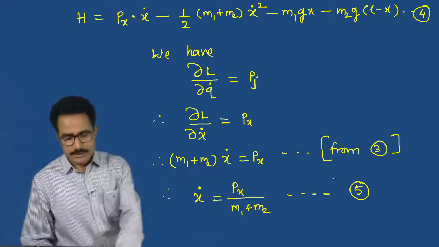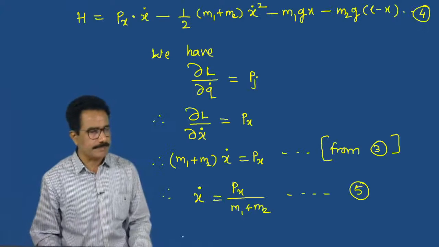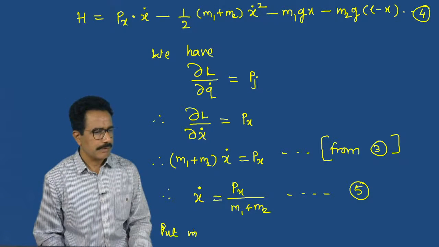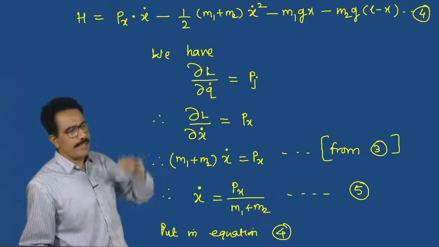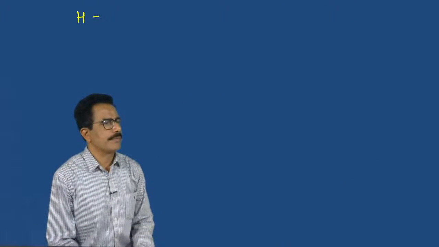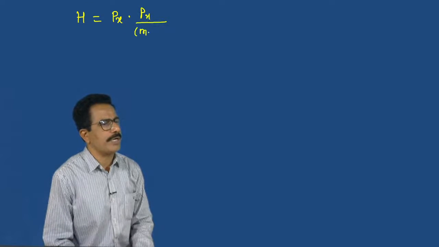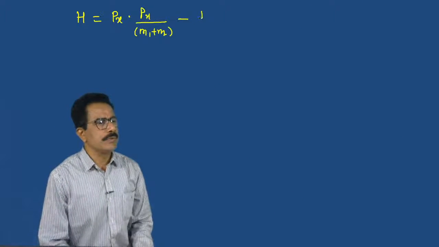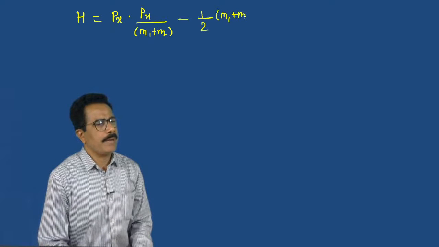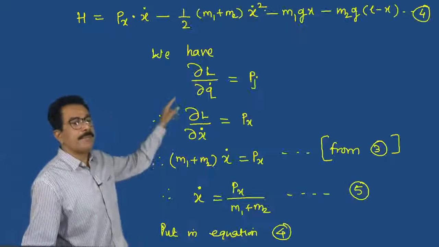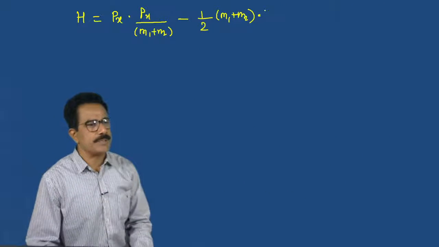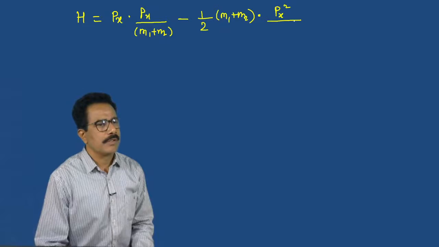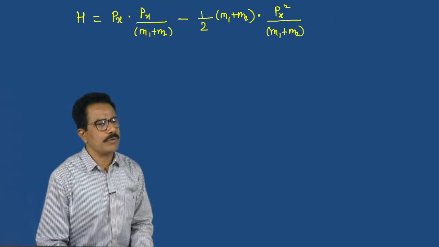Now we have the Hamiltonian, put in equation 4. आता 4 मध्ये ठेवा, means H is equals to px into x dot, means px divided by M1 plus M2, minus 1 by 2 M1 plus M2 into, again put the value x dot square, means px square divided by M1 plus M2 bracket square.